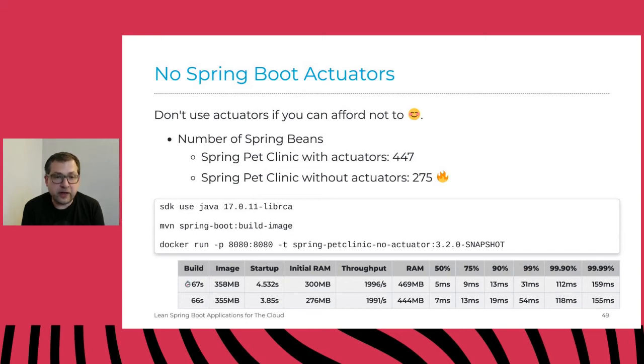And you can imagine, if you don't have to create 170 Spring Beans, your startup should be way, way faster. On the other hand, you would also expect that all the observability features, metrics, tracing and other stuff, the logging things, if they're not there, the application should also behave a little bit faster. So you can see this now also in the results, right?